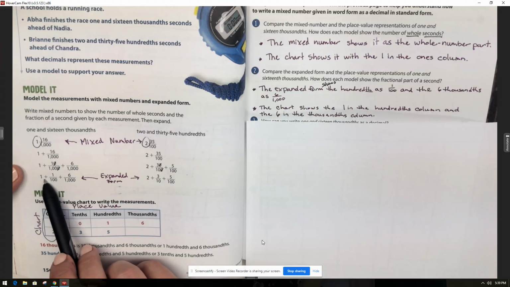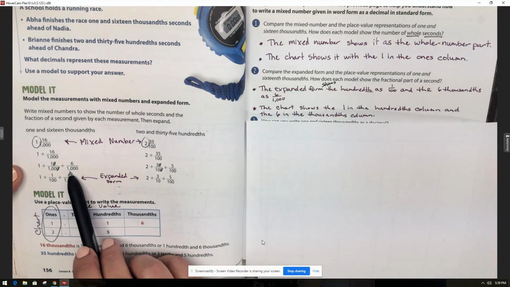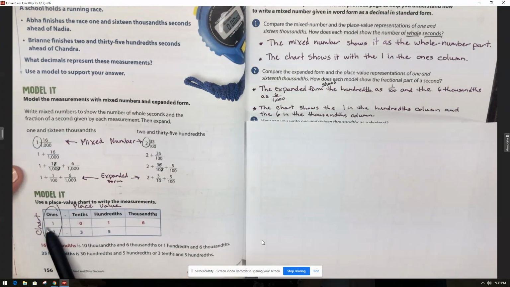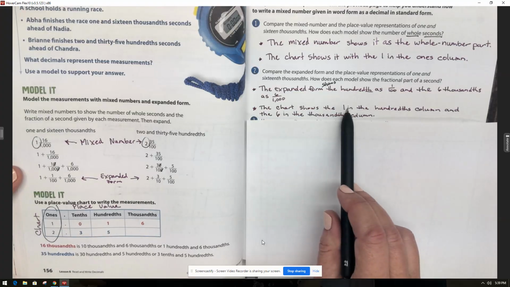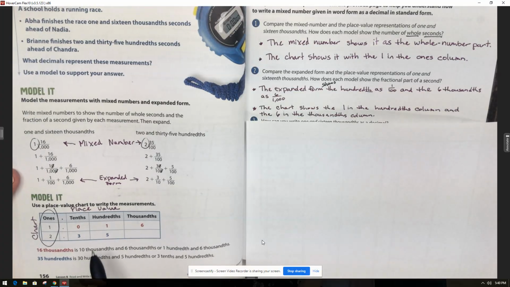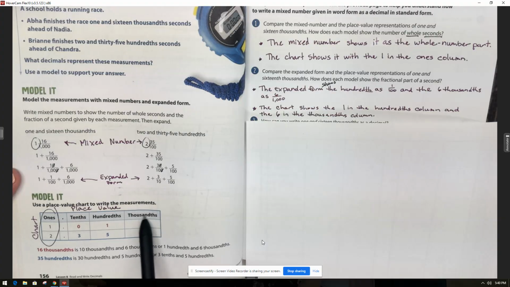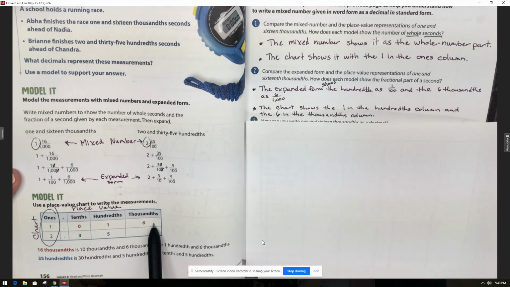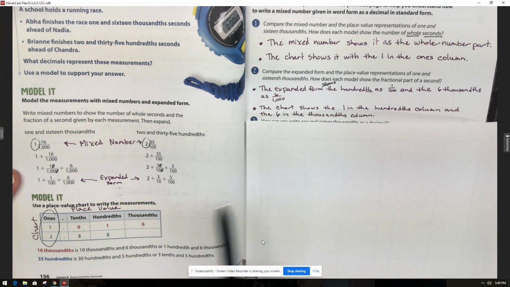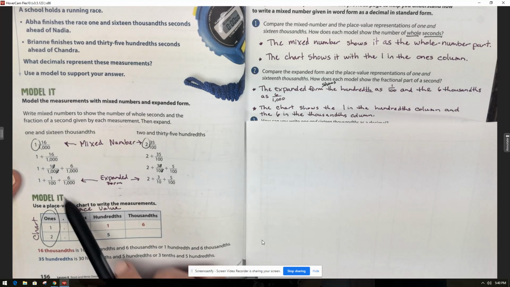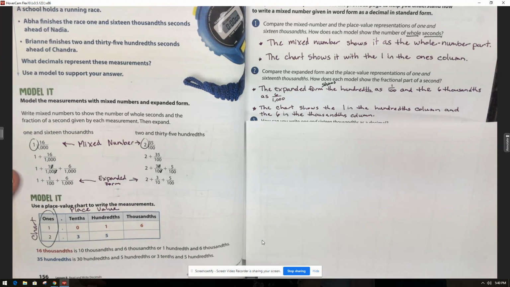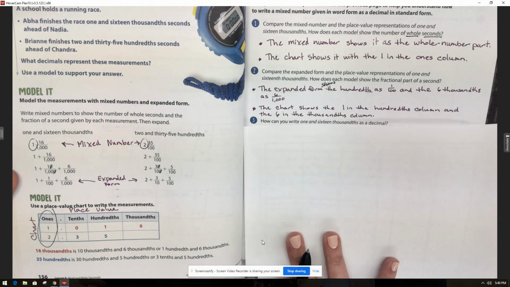So we have 1 and 1 100th and 6 thousandths. The place value chart shows the 1 in the hundredths column, and the 6 is in the thousandths column. So we see the same information in both models, they're just shown differently.